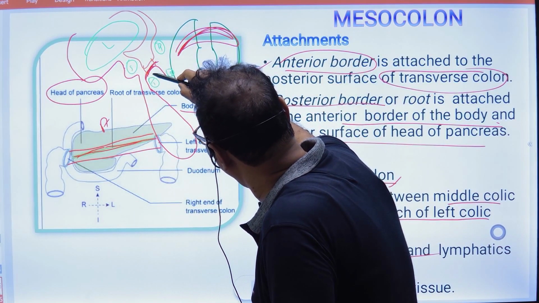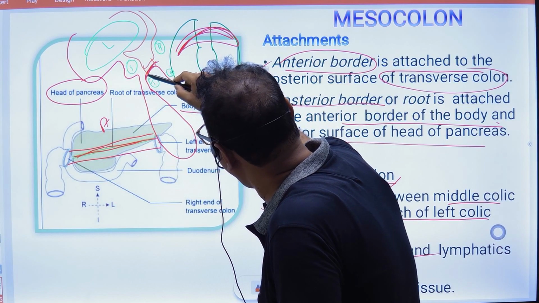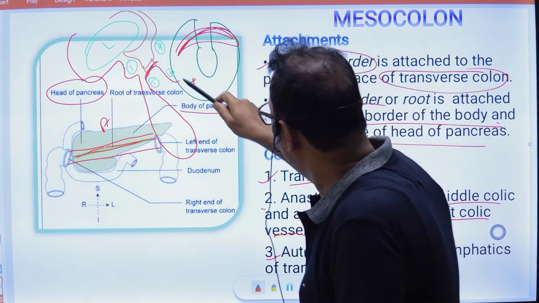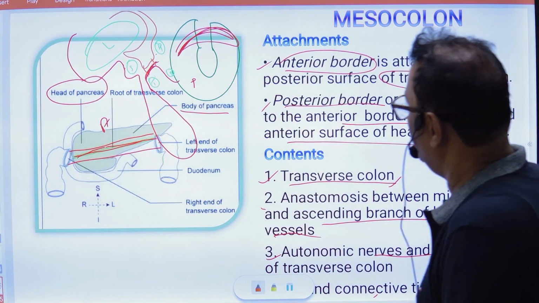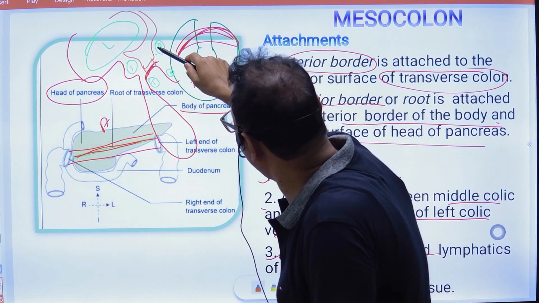So the anterior border is attached to the posterior part of the transverse mesocolon, and the posterior border is attached to the root and the body of the pancreas. You see this one? Here we have the pancreas over here.